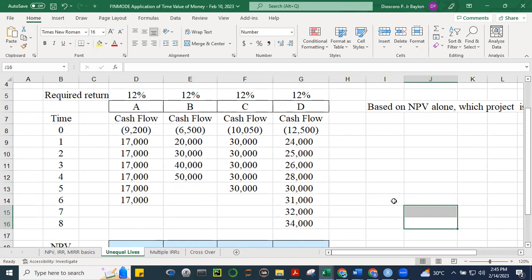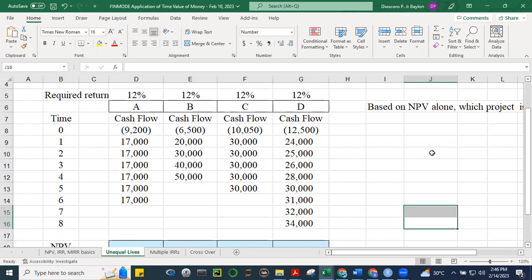Those with unequal lives. Mathematically, what we should do is get the least common denominator of 6, 4, 5, and 8. Okay, so what is the least common denominator of 6, 4, 5, and 8?